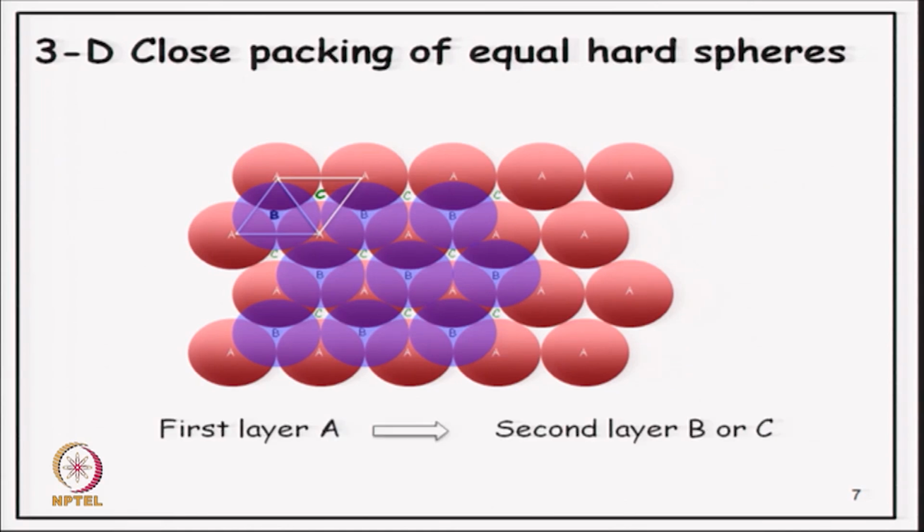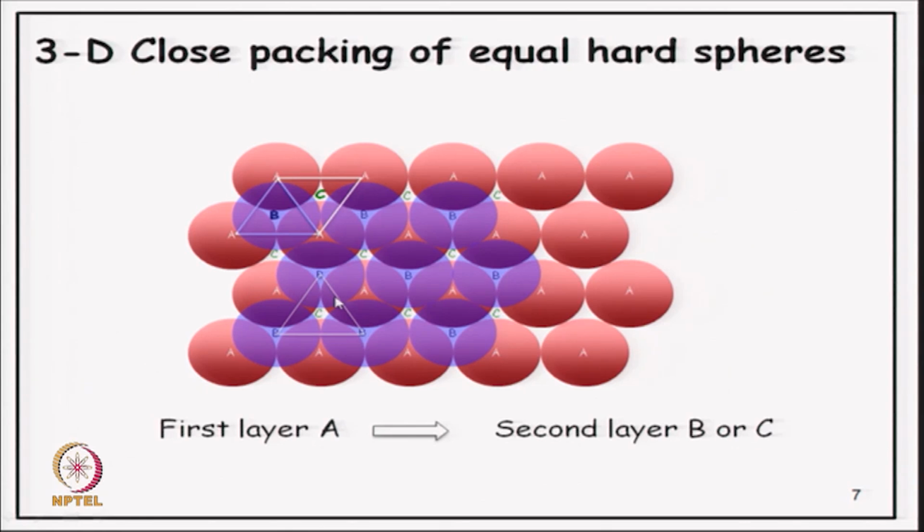So, what we see here is that the first layer was A, the second layer we could have chosen either as B or C. Now, look at the B sphere itself. If I look at this B triangle, a triangle of 3 B atoms forming an upright triangle, the center of that itself is C. So, the third layer atom can be located at this C site, which was not occupied by the first layer or the second layer.